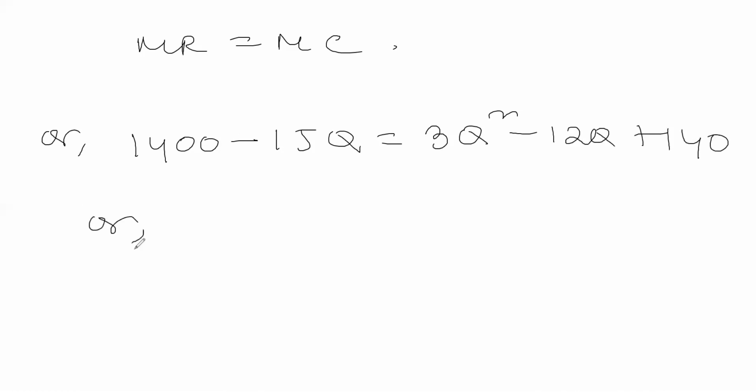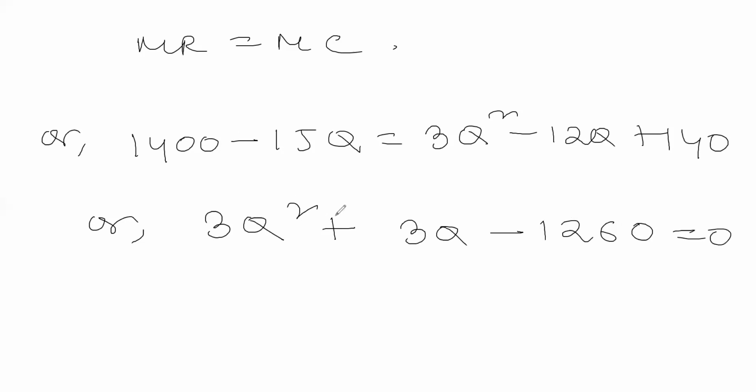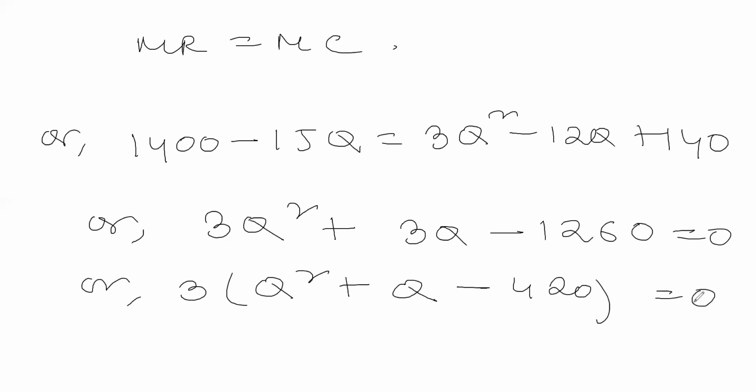If we solve for it, I'm just skipping one step, do the calculations by yourself. Our reduced form would be 3Q square plus 3Q minus 1260. From here we can take 3 in common and reduce it more: Q square plus Q minus 420, which is equal to 0.